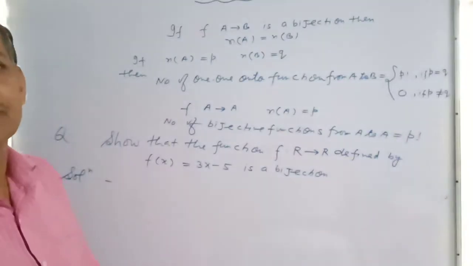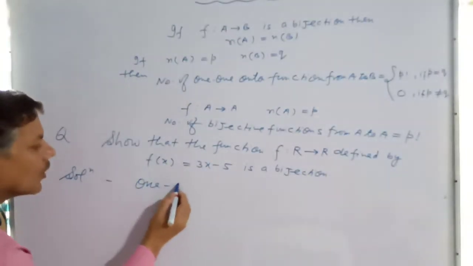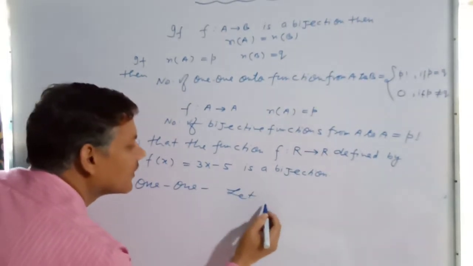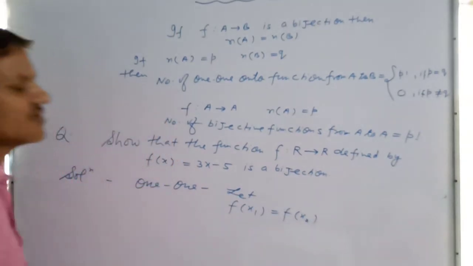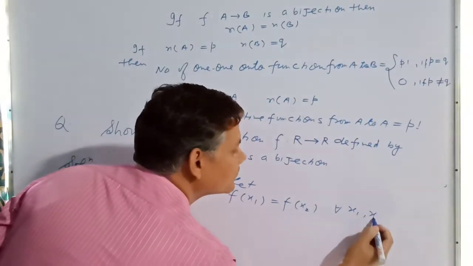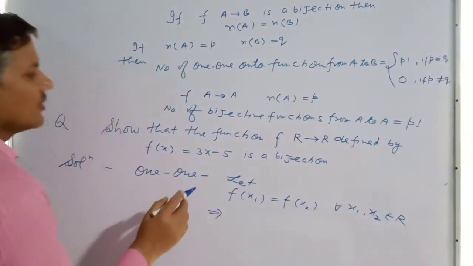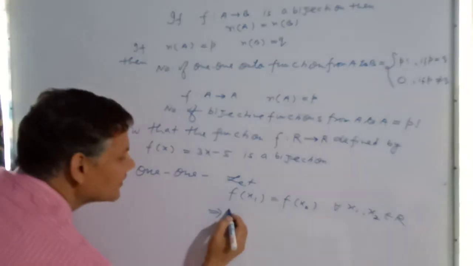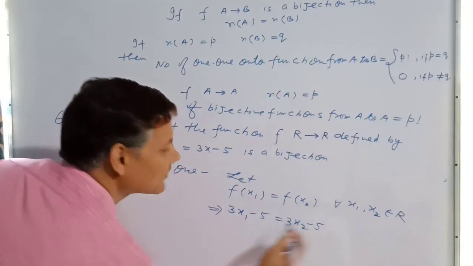For one-one we use the criteria of one-one. Let f(x1) equal f(x2). It means images of two elements of its domain, that is R. It implies, since f(x) is 3x - 5, here we put x equal to x1, then we get 3x1 - 5, similarly 3x2 - 5.